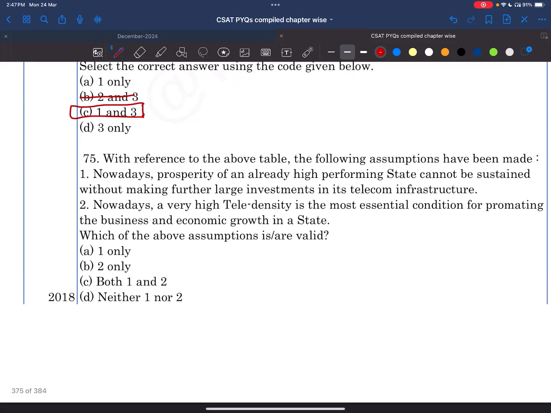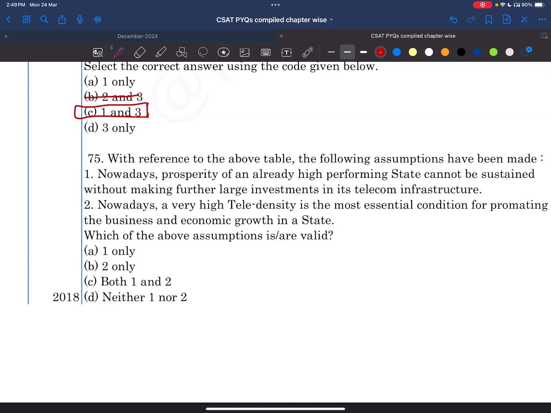Okay. Now let's go to the next question. With reference to the above table, consider the following assumptions that have been made. Nowadays, prosperity of an already higher performing state cannot be sustained without making further large investments in its telecom infrastructure. That means high performing states, that means the GDP value should be more, cannot be sustained. It should have larger investments in tele infrastructure. That means high tele density should be there.